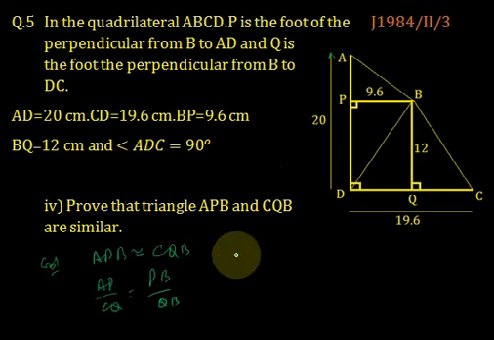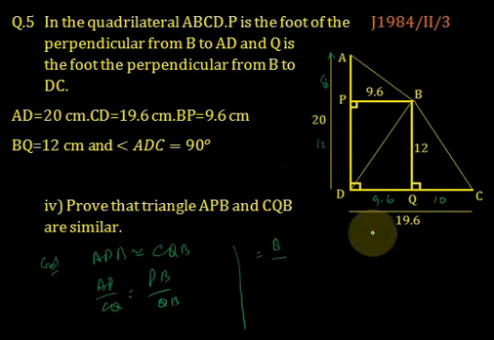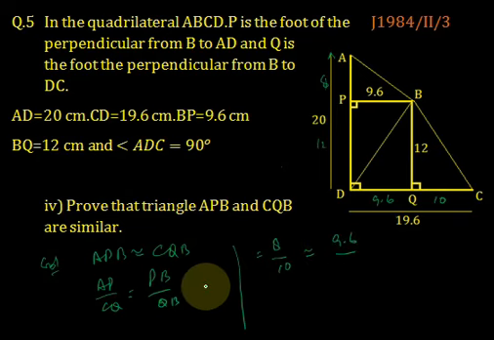AP is 8, and CQ, if it is 9.6, so it must be 10. So CQ must be 10 and the other ratio is BP 9.6 upon QB, which is 12.